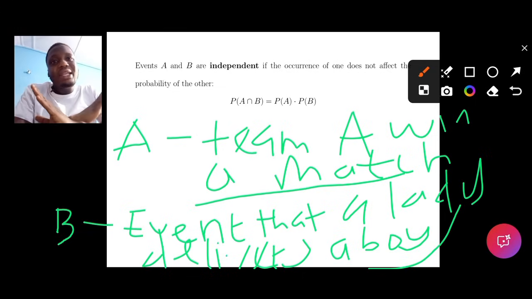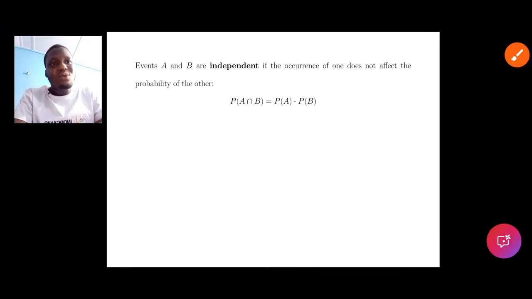The concern is that whether they happen or they don't happen, one doesn't cause the other, or one doesn't have anything to do with the other, or one does not depend on the other, hence the name independent. So that is actually what independence means in probability, meaning the two don't have any connection between them.